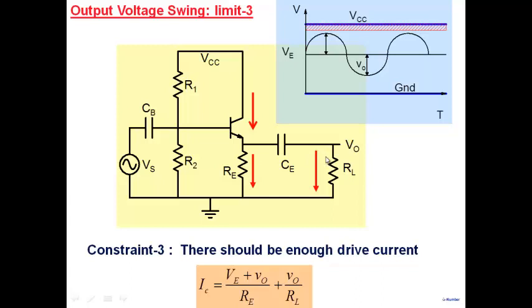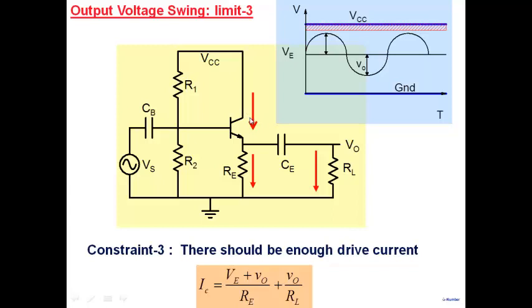So now the issue that we are saying is, what happens if you keep on reducing RL? If you keep on reducing RL, demand for current here is increasing, and will a stage come where my transistor will not be able to supply that current? If this requires, let's say, a current of 1 milliampere, and if your transistor can only supply 0.9 milliampere, then what does it mean?